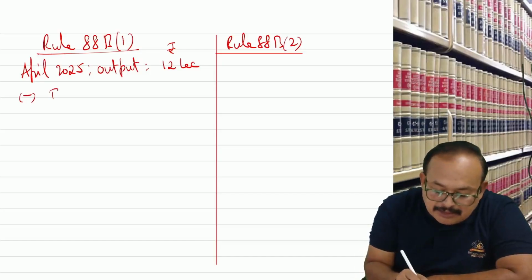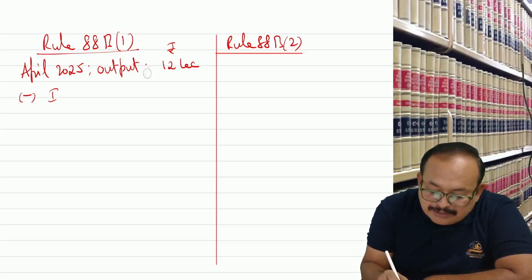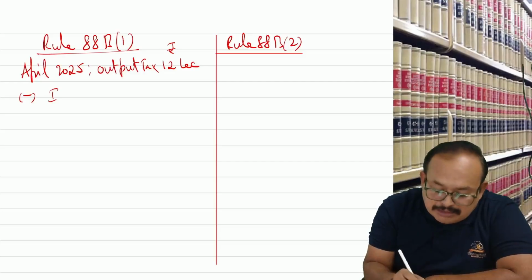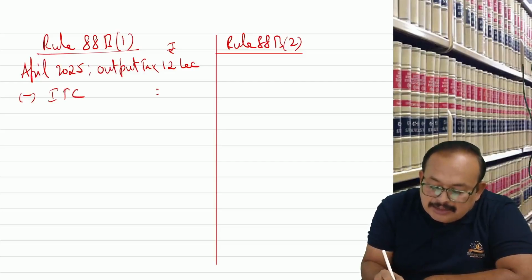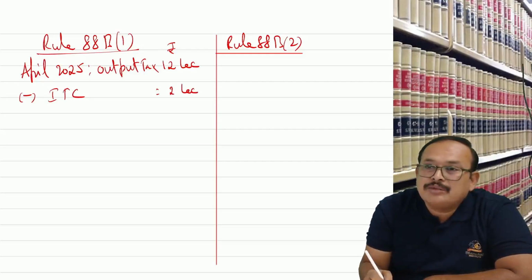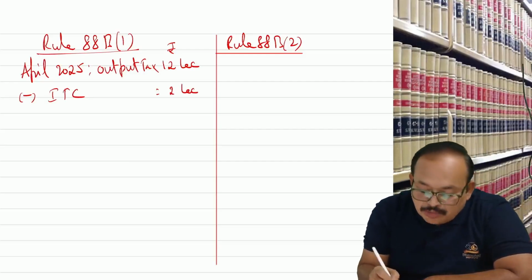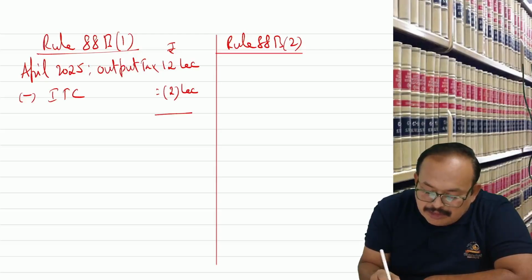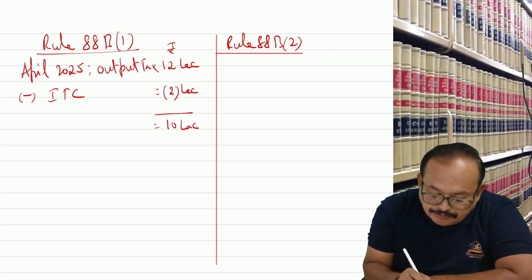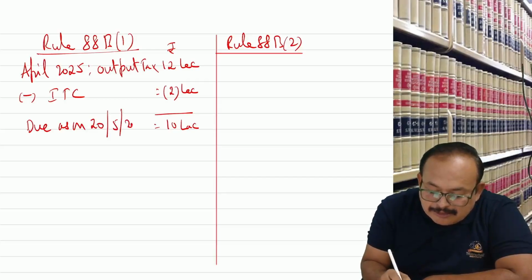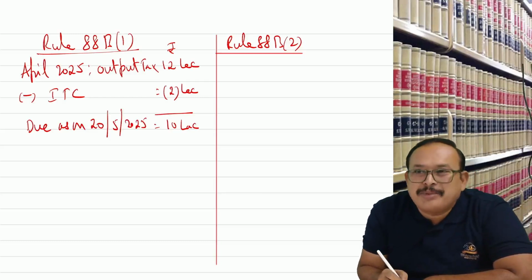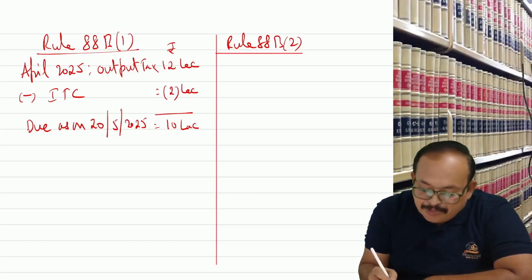Output tax, how much? 12 lakhs. ITC, let us say 2 lakhs. Balance to pay, how much? 10 lakhs. Due as on 20th May 2025 to file the GSTR 3B return, is clear.